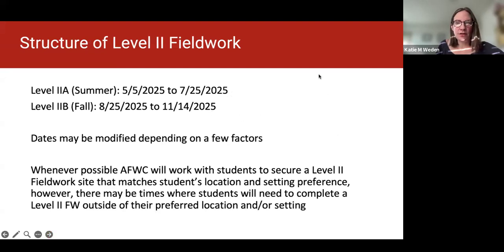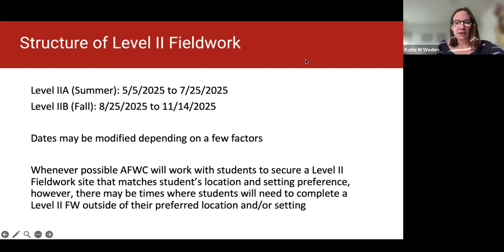Okay, so I believe you guys are familiar with this. These are your dates. Like I said before, there's some flexibility with these dates. We can extend if needed. Some of you have already been notified that we've shifted dates a little bit out of needs at the site, etc. So these are generally the dates that you all will be going out on fieldwork, but there's some room for variation with that.